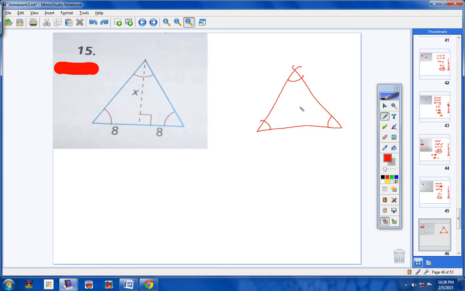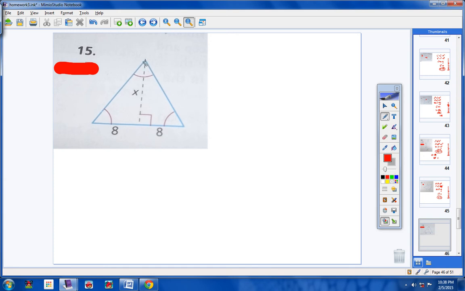And all equiangular triangles are equilateral, which means all of these sides have to be the same. So if from here to here is 8, and from here to here is 8, then this whole side right here is 16. So if that side's 16, that means all of these sides are 16. So now it just became really, really easy.